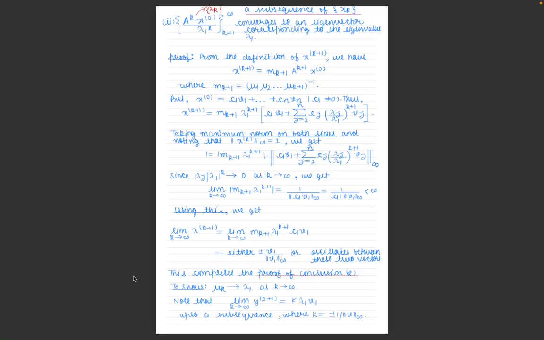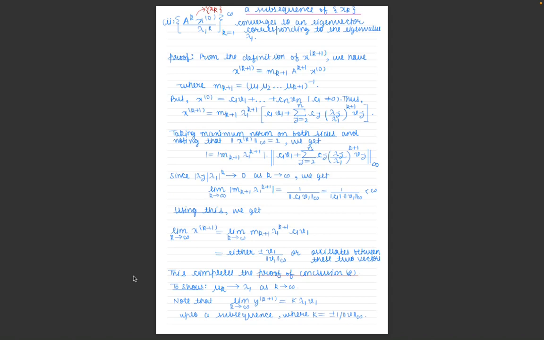Now if you take the maximum norm on both sides, and note that the way we have chosen it, the infinity norm of xk is 1.